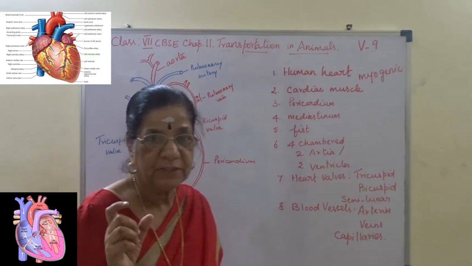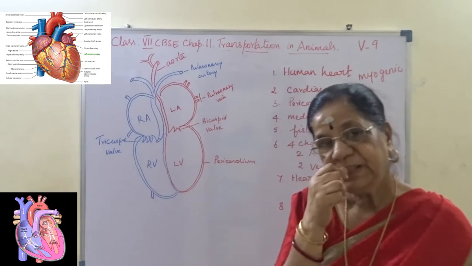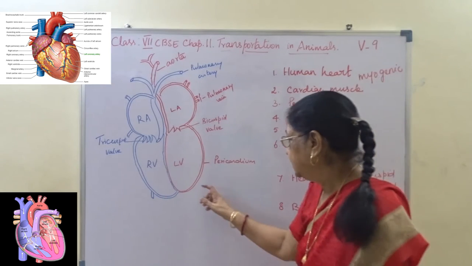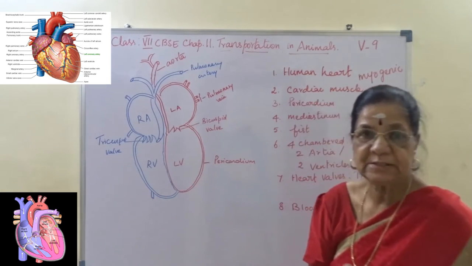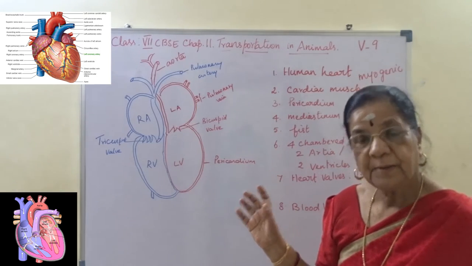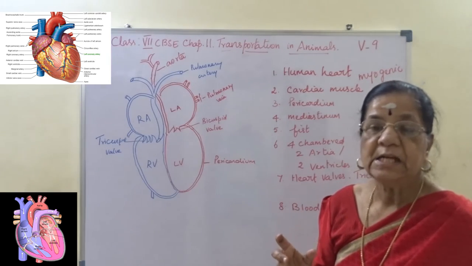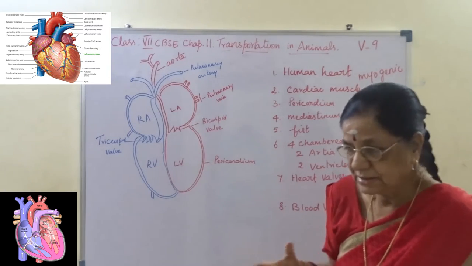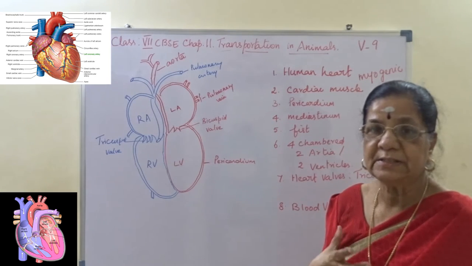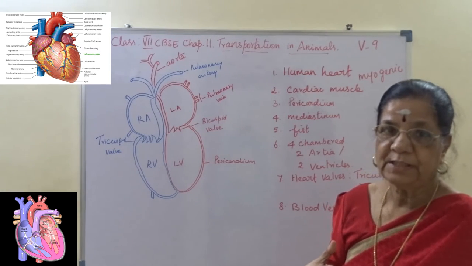The space between the two layers of pericardium is not empty, it is filled with a fluid called pericardial fluid, and it acts as a shock absorber. So with any sudden good or bad news or any disturbance to the heart, first it acts as a shock absorber. I hope you understand.